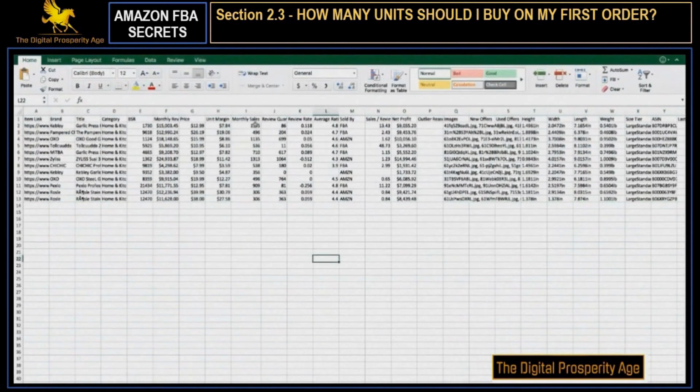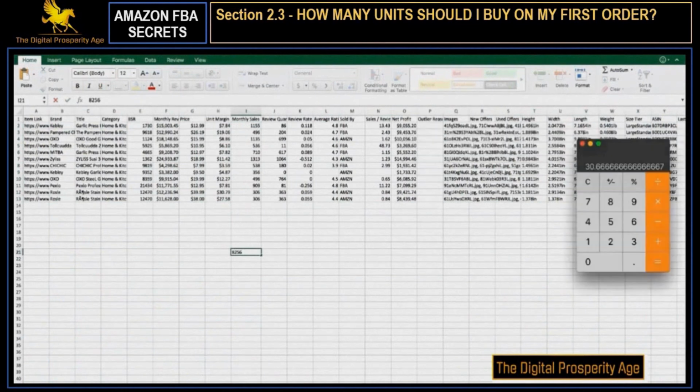So monthly sales, right? So now our new number is 8,256. 8,256, and we see that there is 12. So it's obviously going to be a lower number. Let's do 8,256 divided by 12 is 688 units per month.